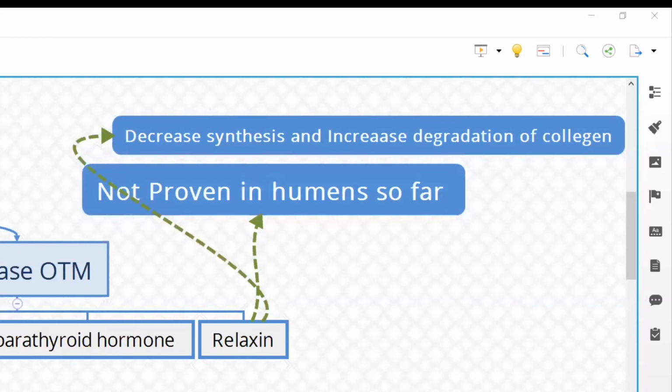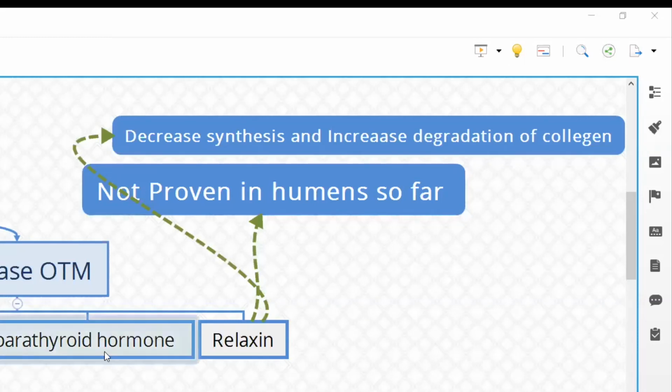For increasing tooth movement, we discussed three things. First, relaxin, which increases the degradation and decreases the synthesis of collagen. However, the evidence regarding relaxin for use in orthodontic tooth movement is not proven so far.